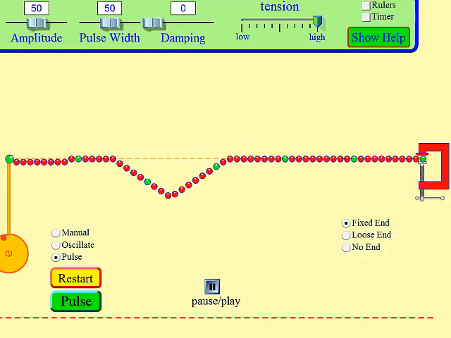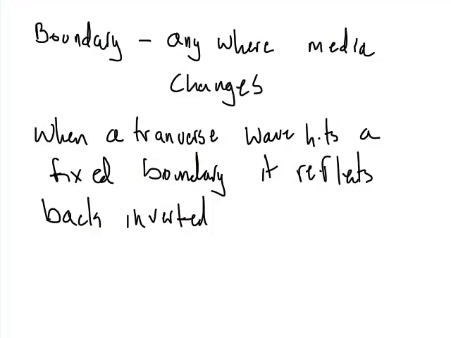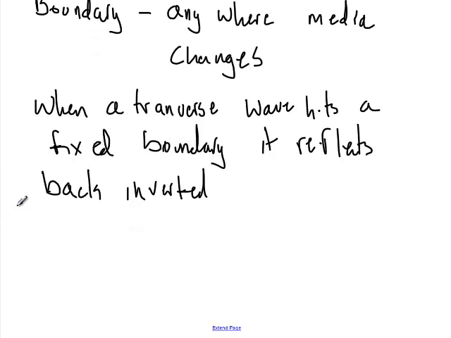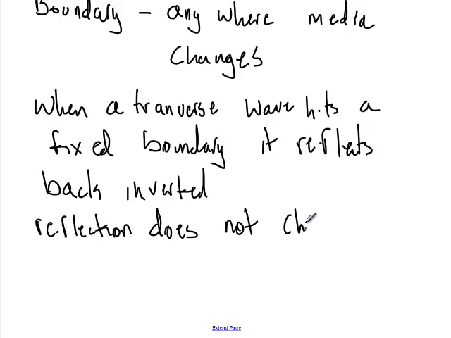When we have two waves on a rope or a whole wave train, reflection does not change frequency. In fact, the thing that determines the frequency of a wave is what creates it.